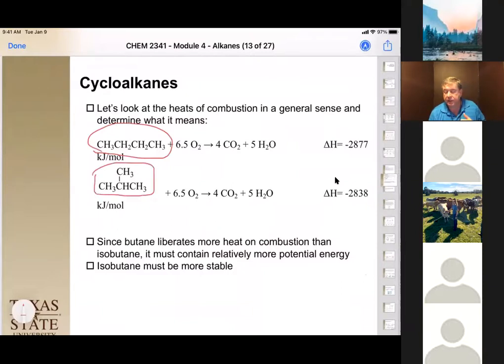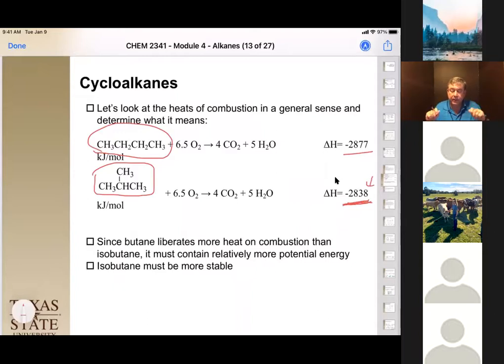When we do this, we see a total energy release of negative 2,877, I believe that's kilojoules right there. So that total change in heat, that total given off, is that much. However, when we have that branch right here, we have less potential energy because less heat is given off. So we have a lower number here.